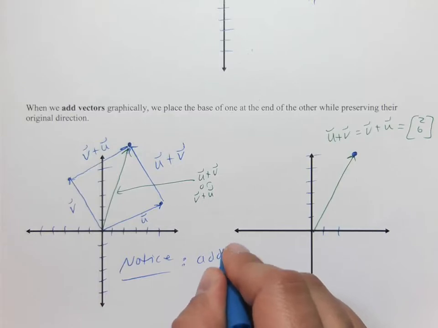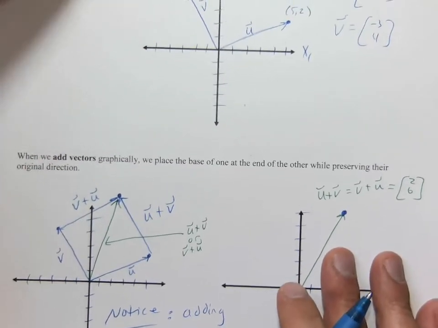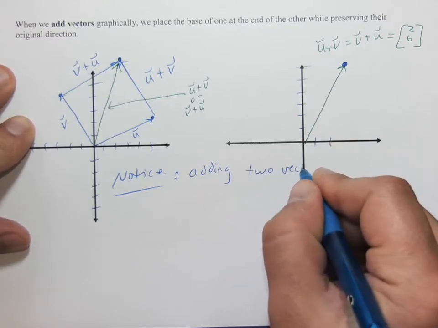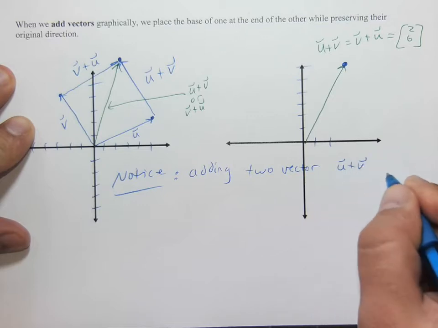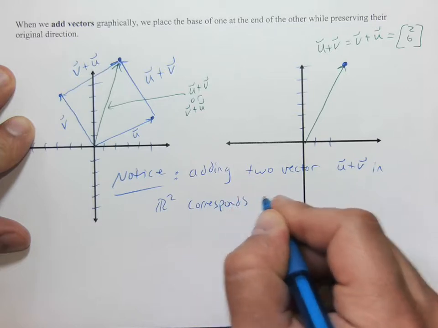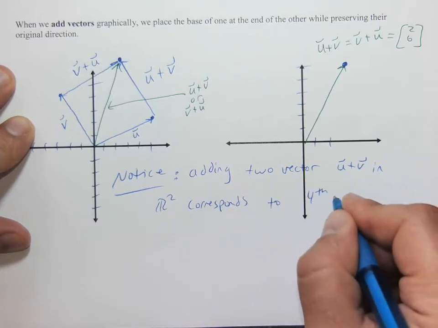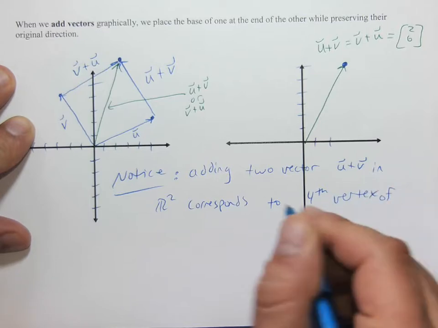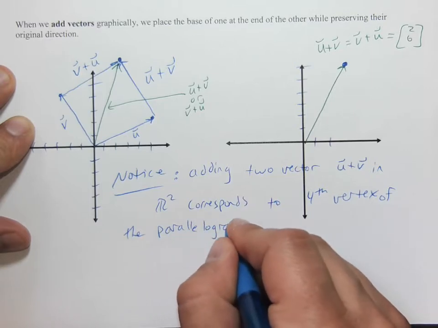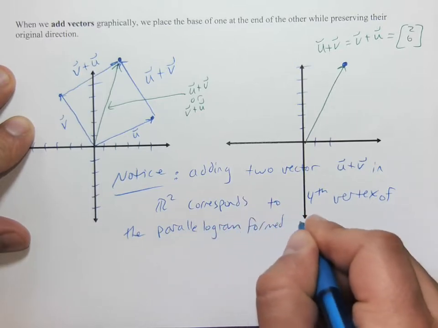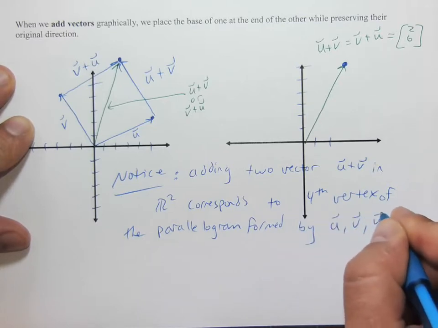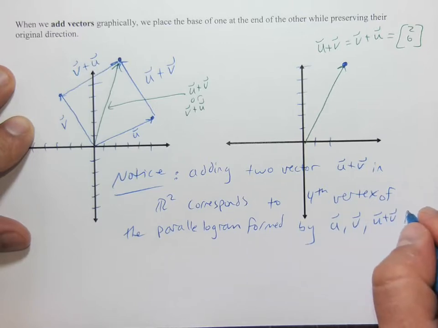So notice that adding two vectors, u plus v, in R2 corresponds to the fourth vertex of the parallelogram that's formed by the vectors u, v, u plus v, and the vector 0.